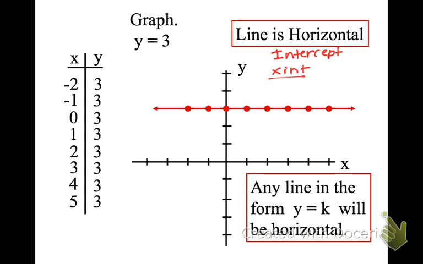There is none. There's no x-intercept. What about for the y-intercept? Where does it cross? 0, 3. You get the idea? So on a y equals, it will have a y-intercept, but no x-intercept.